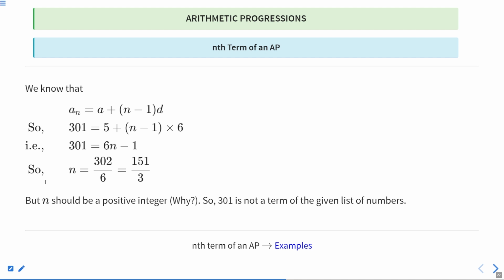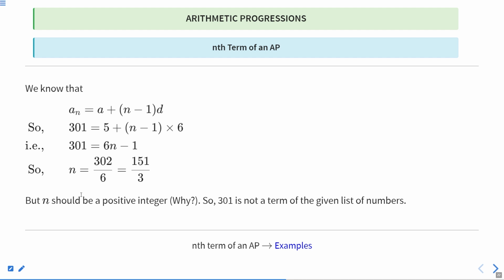So an is 301, which is equal to 5 plus n minus 1 times 6. That is, 301 is equal to 6n minus 1, and so n is equal to 302 by 6, which is equal to 151 divided by 3, and this is a fraction.